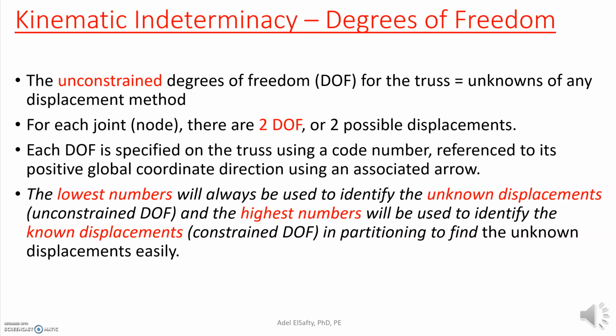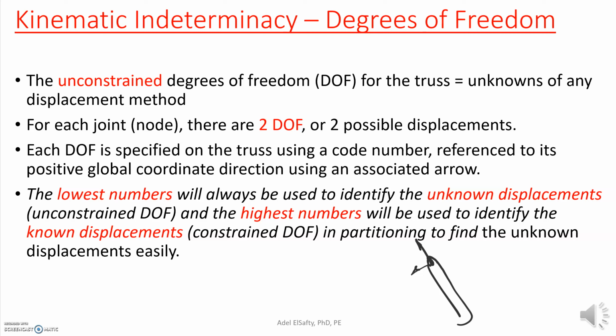One may be in the direction of the member and one perpendicular to that direction. So at this node, for instance, you can see these are 2 degrees of freedom. For the overall structure, you can have it about X and Y as you identified the global axis.